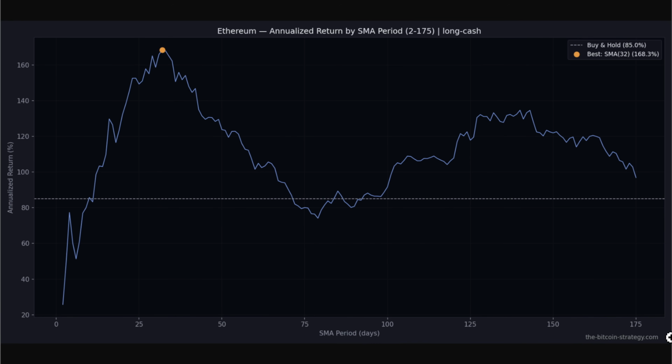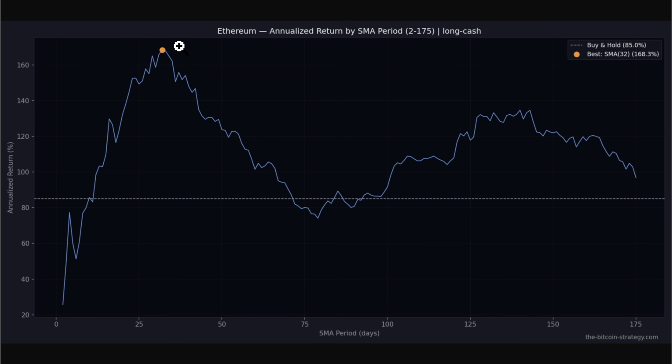Now what we see over here, that's the moving average duration on the x-axis and the annualized performance on the y-axis, and the dotted line over here, that's the reference. If we were just buying and holding Ethereum, that's what we get. But if we trade according to the 33-day simple moving average, we get much more performance. This is both going long and going short.